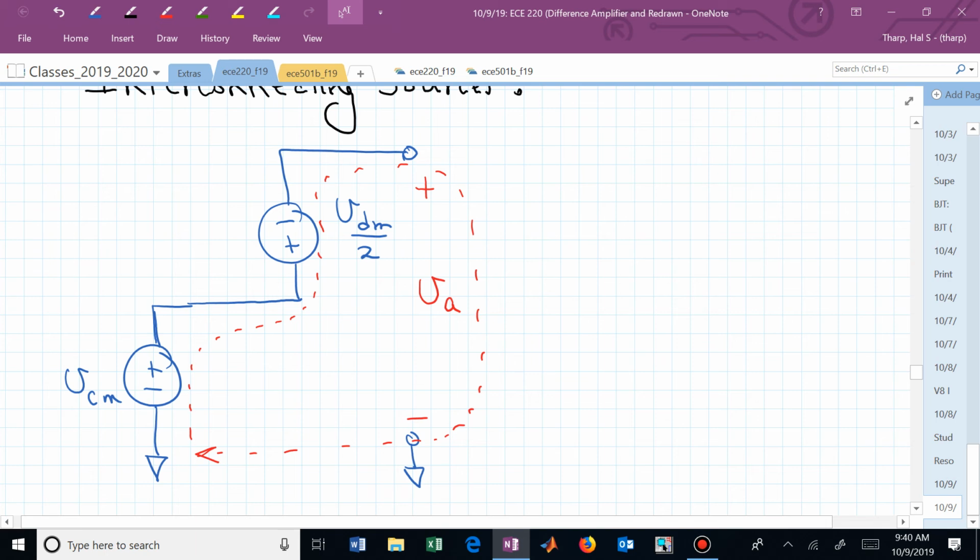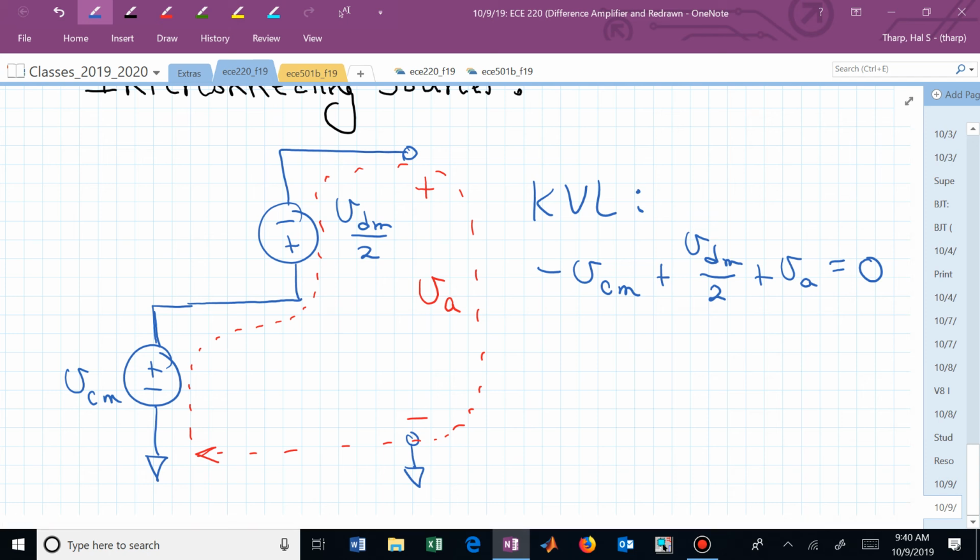Now I've simply tried to build V sub A in terms of the formula. And I'm going to convince myself that I've interconnected this properly by checking my work by writing a KVL. That's what the red dashed is doing. I now have minus V sub cm plus V sub dm over 2. Then I go through the air gap, plus V sub A, and I'm back to where I started.